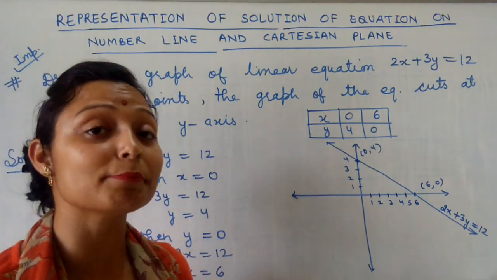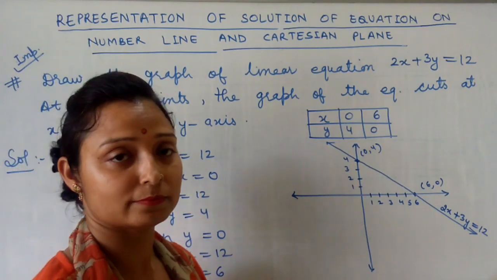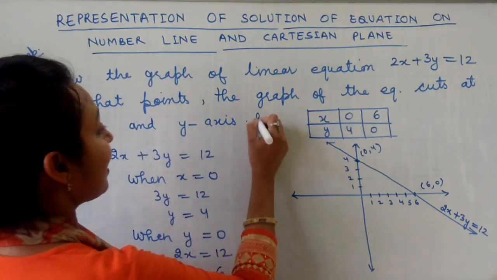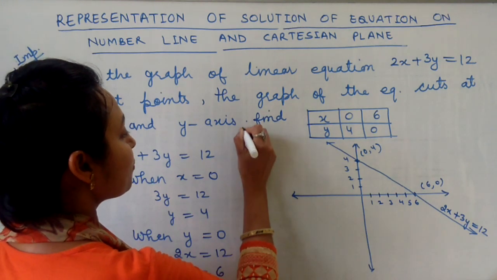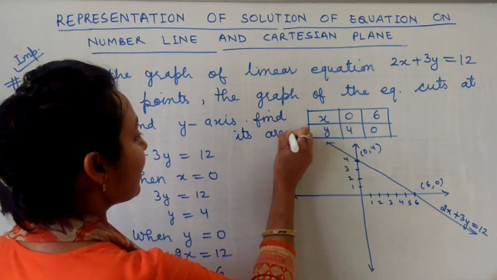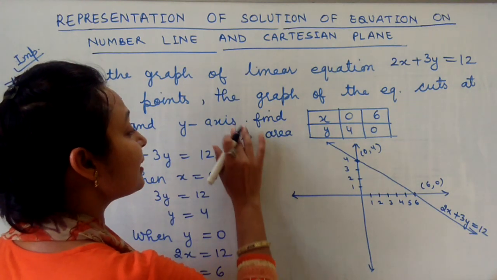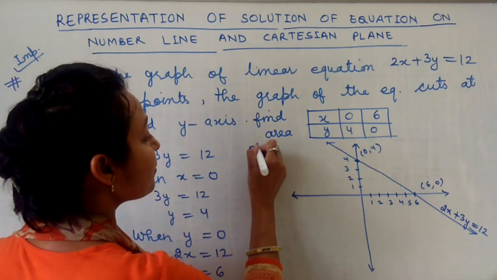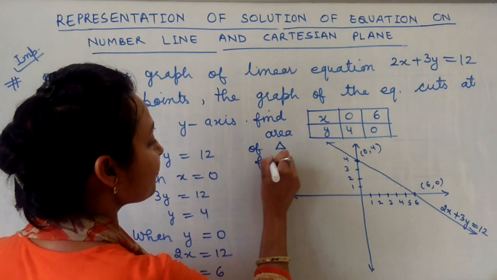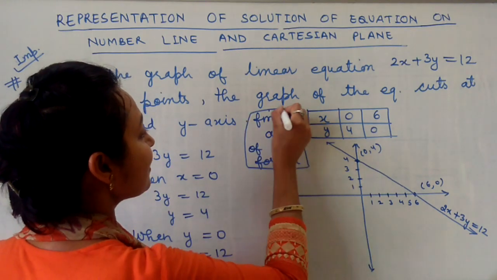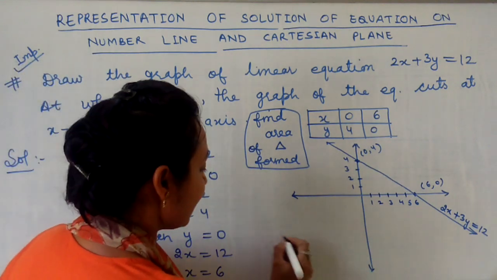If the question demands finding the area, or the area of the triangle formed, how can we find it?